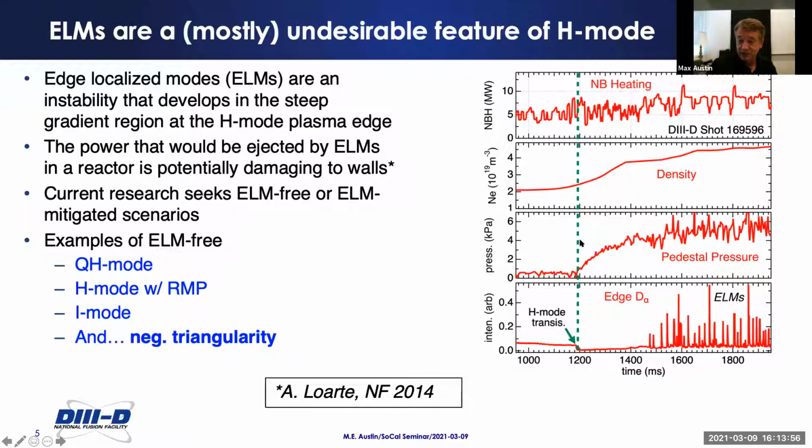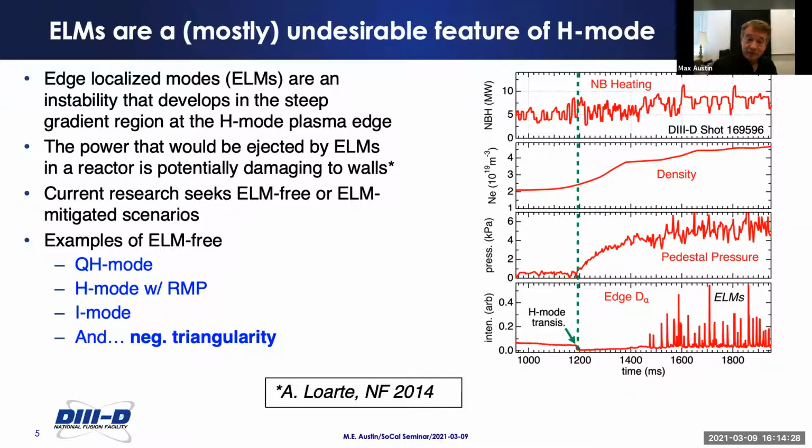Shown here is the same discharge I showed in the previous slide, showing the H mode transition when the neutral beam power reaches a certain level, and the density goes up. More importantly, the edge density and temperature go up, so you have an increasing pedestal pressure. At some point, the edge localized modes start, and they represent power lost out of the plasma.